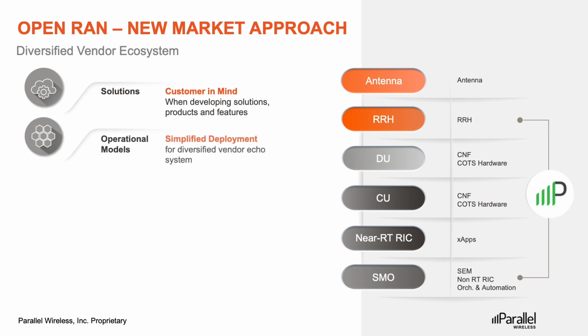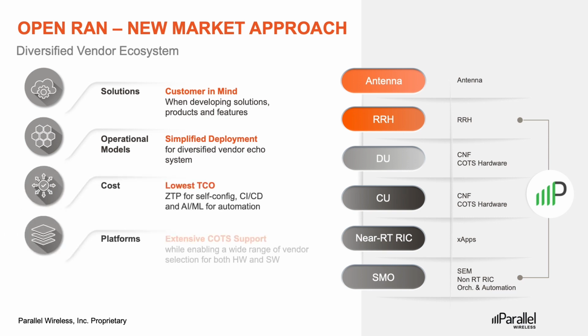Operational models should be improved and simplified to enable painless multiple vendor interoperability. Platforms should be selected with a clear understanding that they will be used in a diversified way, which will not necessarily be limited to their initial design.